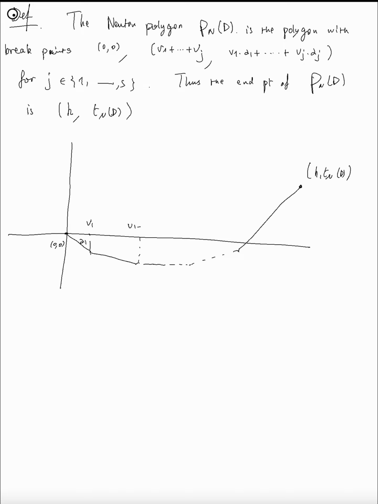This is v1 plus v2, this is slope alpha 2, so alpha 1 smaller than alpha 2, etc. And in our case, this is slope alpha s. Those are the breaking points. It's just an example of how it works.